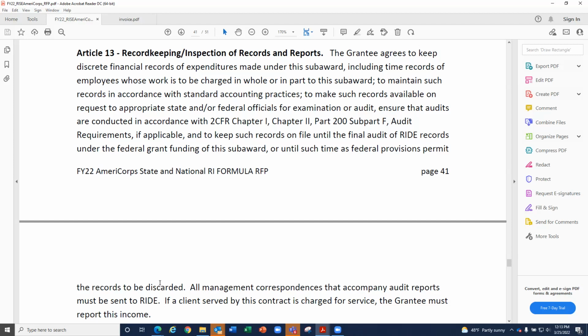The application that they submitted to you, their timesheets, and other relevant documents. There's expectation that you will keep those records for a period of time according to your own record retention policies, but it's usually 5 to 7 years. And also that those records will be made available to representatives of the Rhode Island Department of Education if they need to monitor them related to the grant.